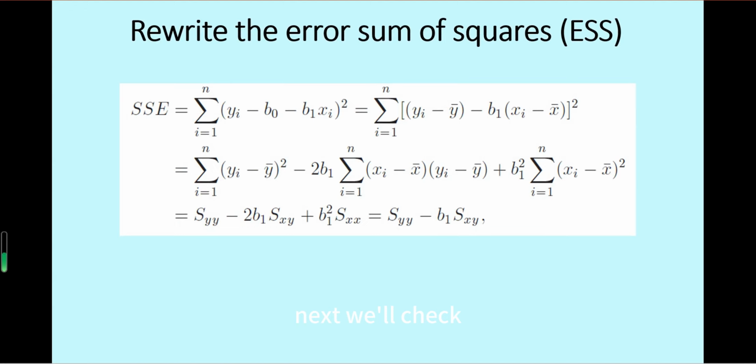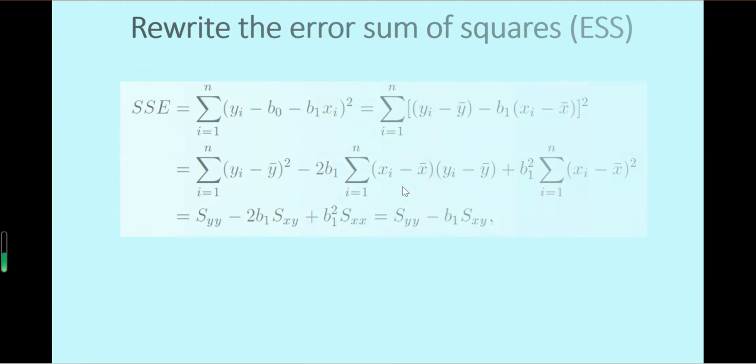Next, we'll check the error sum of squares, ESS or SSE. SSE is the sum of the squares. Inside the squares is the y value minus the regression value, or the mean value of the regression, for given x.